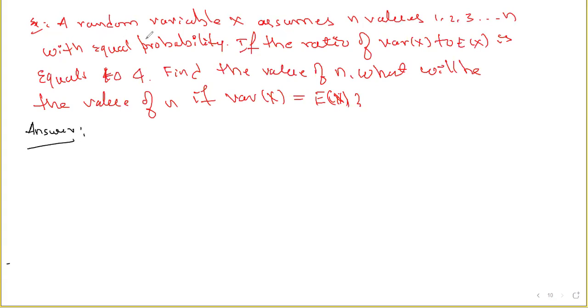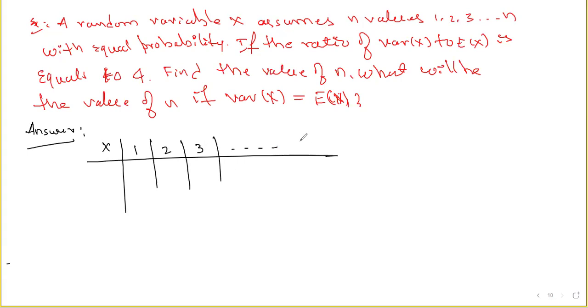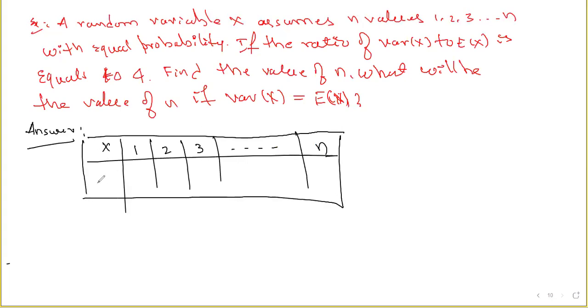A random variable x has the values 1 to n. It means x has the values 1, 2, 3, and so on up to n, with equal probability. Equal probability means 1 by n, 1 by n, 1 by n, and so on.